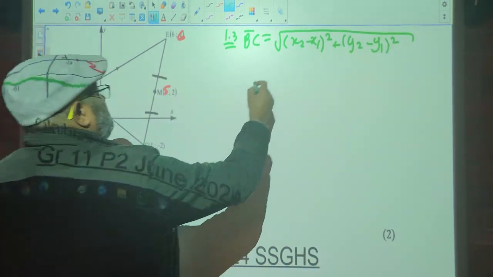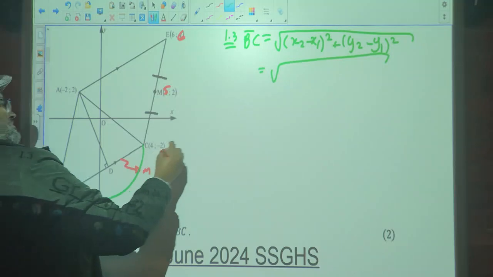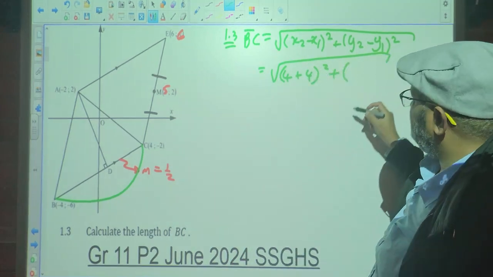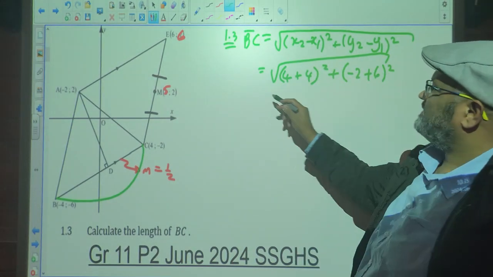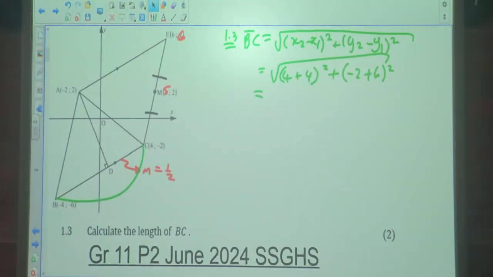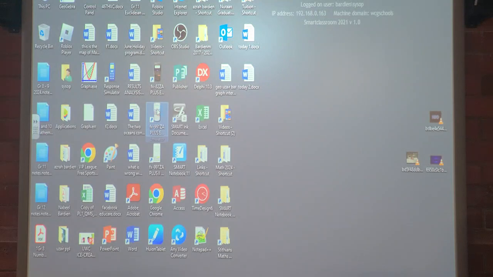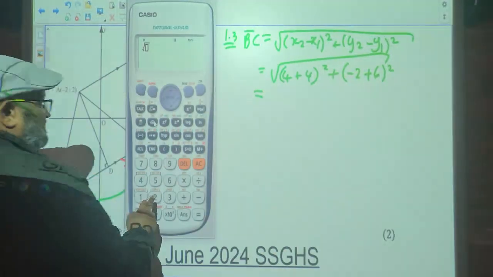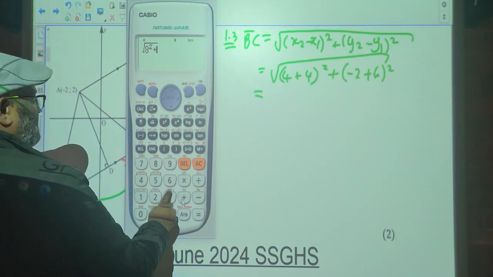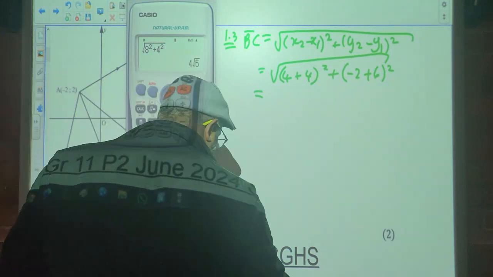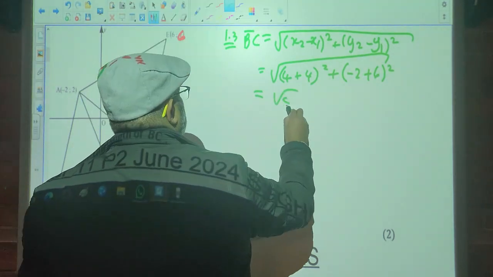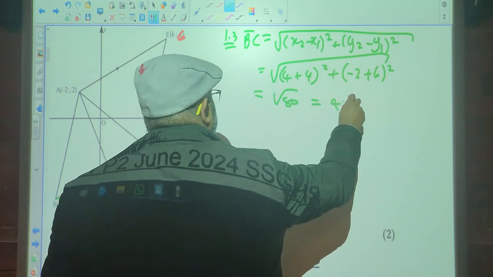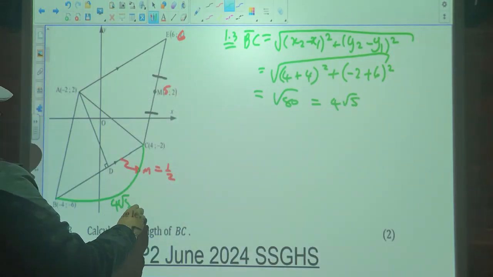So BC is going to be 4 minus negative 4, which is 4 plus 4, squared, plus negative 2 minus negative 6, squared. Let's pull up the calculator. The square root of 8 squared plus 4 squared gives you the root of 80, which is 4 root 5.